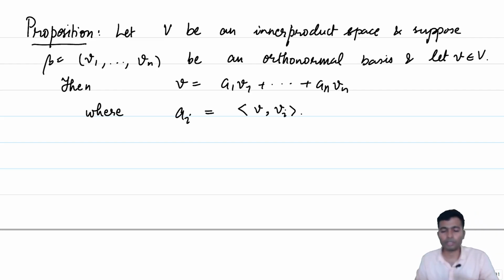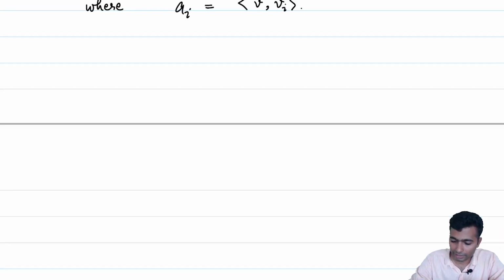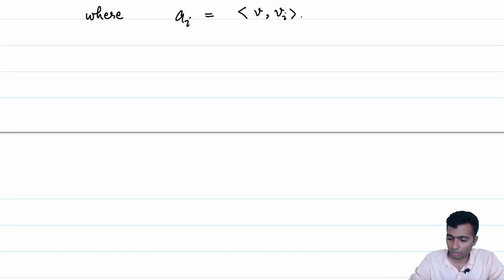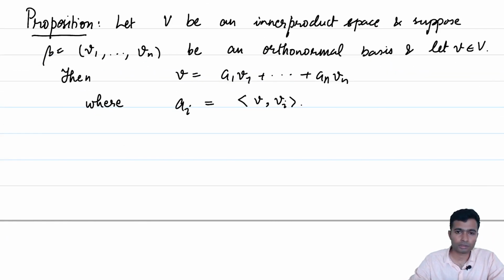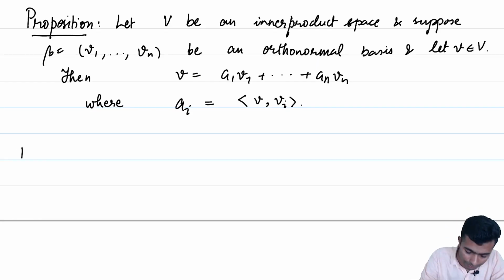So we know explicitly what the coefficients of each of the Vi's are in the linear combination of V1 to Vn which is equal to V.